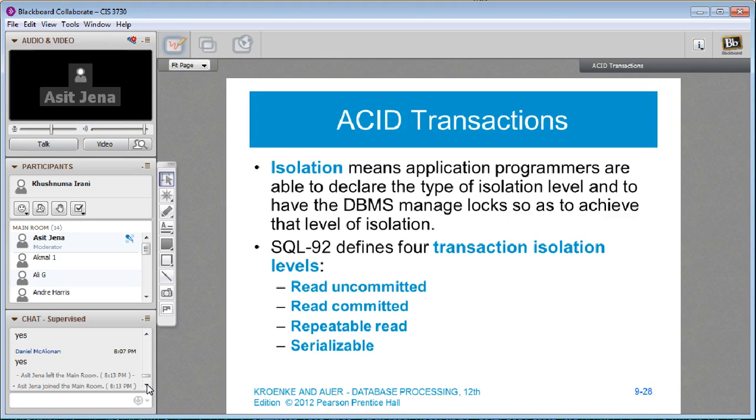The danger of the dirty read is that the uncommitted change can be rolled back. If so, the transaction that made the dirty read will be processing incorrect data.